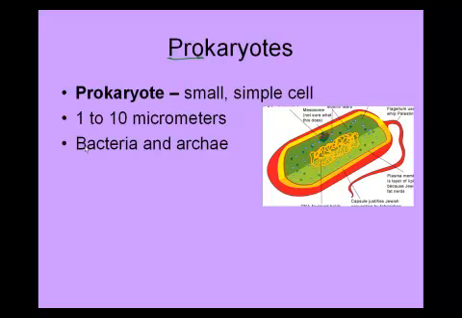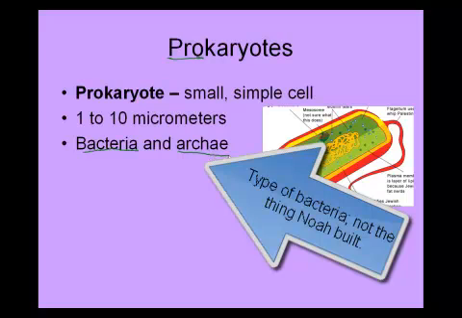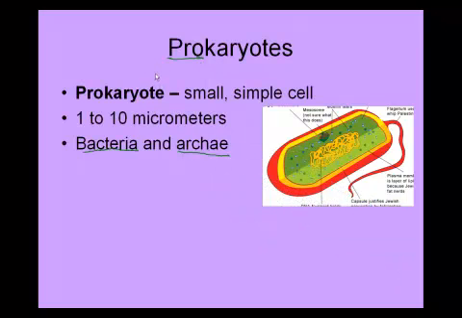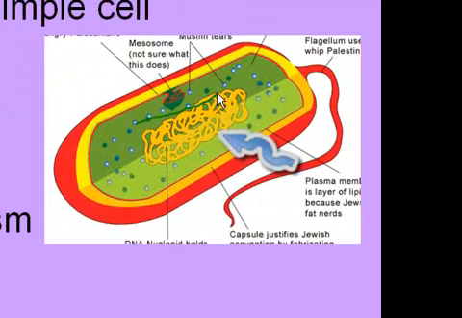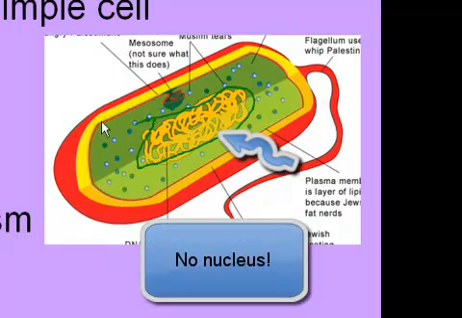The types of organisms it includes are bacteria and archaea. Remember, archaea were a special type of bacteria that live in extreme environments such as hot springs or geothermal vents in the ocean. They do have DNA, but their DNA floats inside the cytoplasm. Here's the DNA, but there's nothing around it to hold it in.